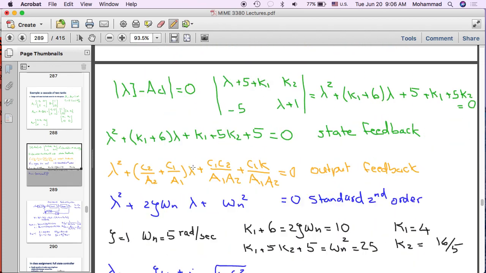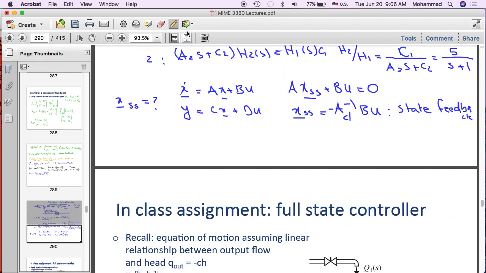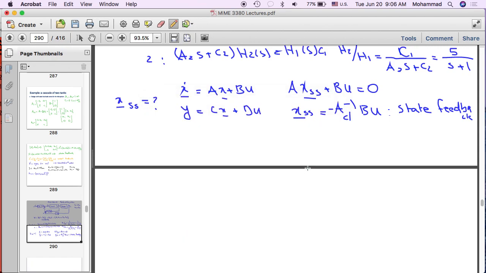So let's rewrite it. So we found A of closed loop to be equal to, what is it equal to? Is it minus 5 minus K1?